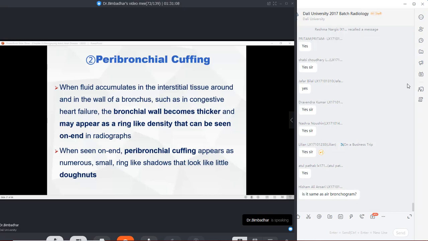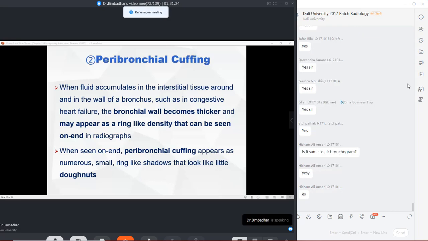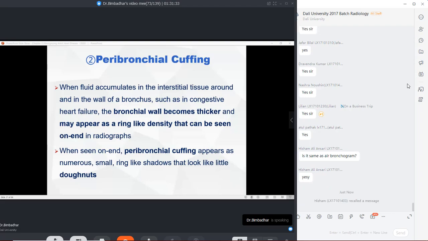But here there is fluid accumulation inside the bronchus within normal alveoli. Did you get it, Hisham? Okay. Air bronchogram is generally a normal radiolucent air-filled bronchus being made visible through the fluid-filled alveoli. But here, it's not.